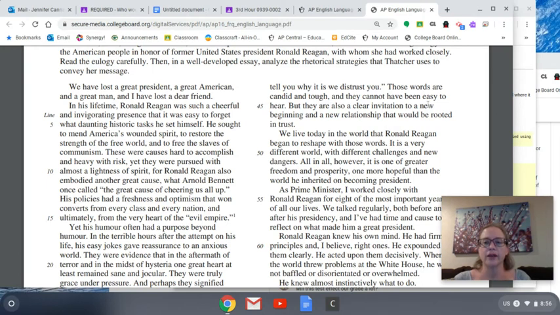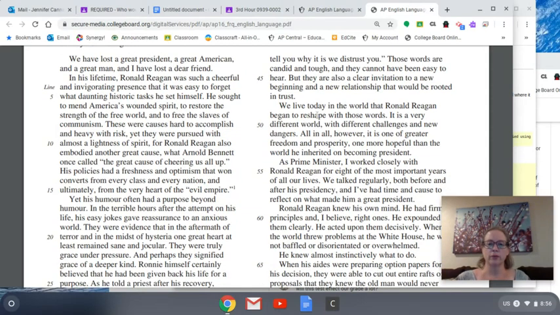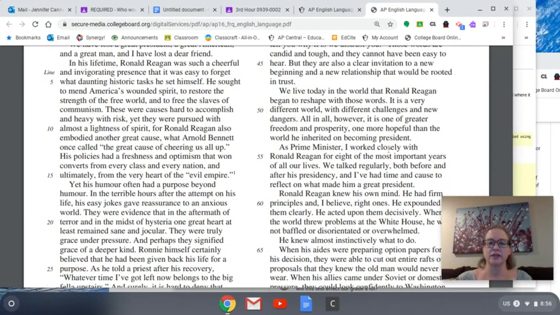No offense, guys. Okay. And they cannot have been easy to hear, but they are a clear invitation to a new beginning and a new relationship that would be rooted in trust. We live today in a world that Ronald Reagan began to reshape with those words. It is a very different world with different challenges and new dangers. All in all, however, it is one of greater freedom and prosperity, one more hopeful than the world he inherited on becoming president.